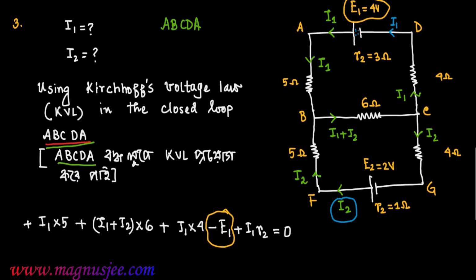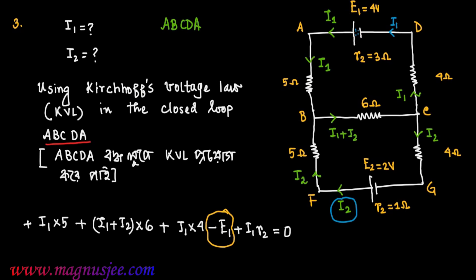The EMF E1, which is equal to 4 volt, is assumed as negative, because we travel from D to A, and to cross the cell E1 from D to A, we have to cross the negative terminal of the cell first.